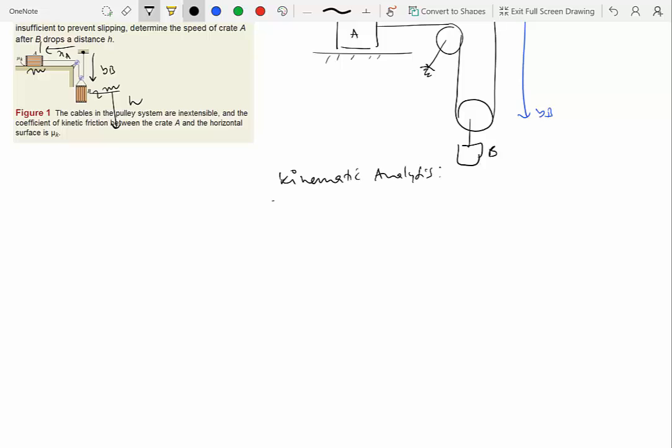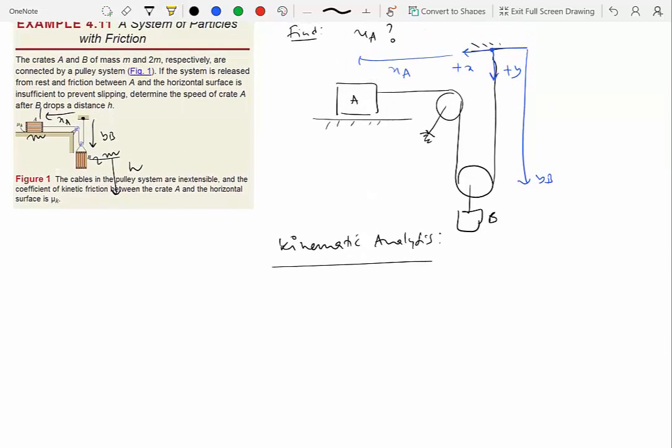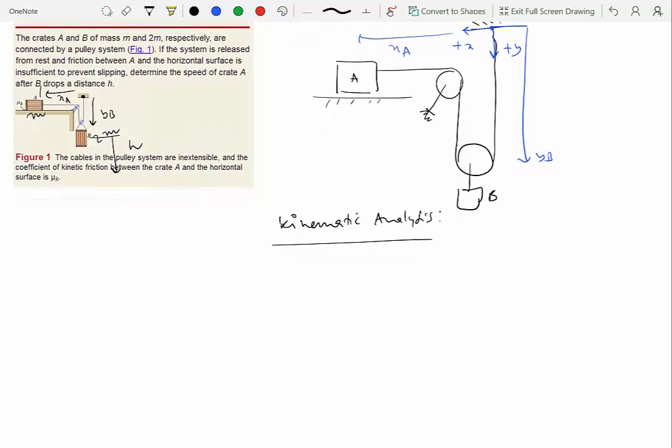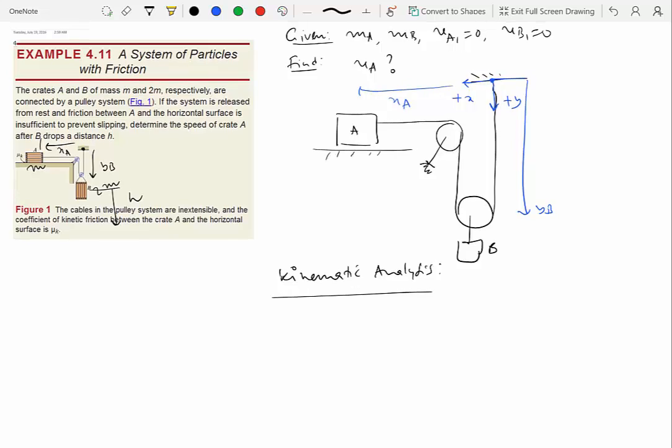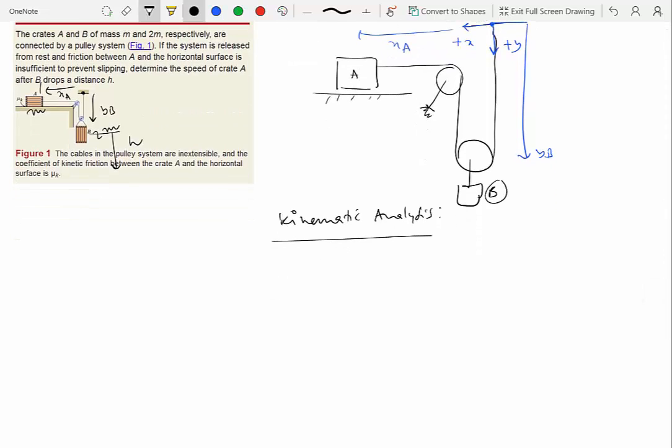So at this point, you can see that the problem looks very familiar because you've seen something like this in the second module when we talked about kinematics of particles. And clearly there is an inextensible string, which means that the motion of B is related to the motion of A, right?